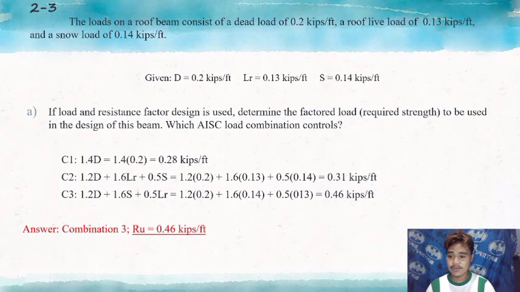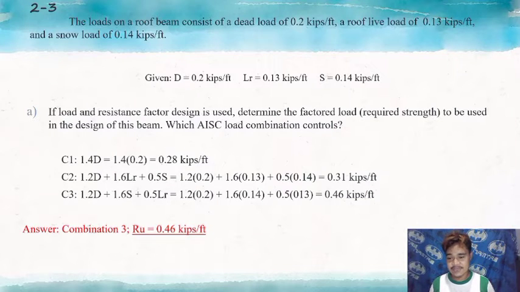In this problem, we're going to use our LRFD load combinations. Our combination 1 is 1.4D, which is 1.4 times our dead load of 0.2, equal to 0.28 kilopascals per foot.